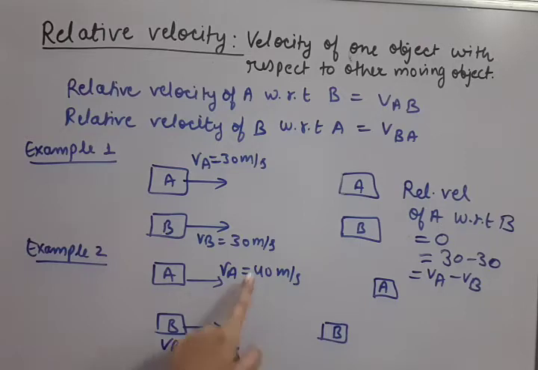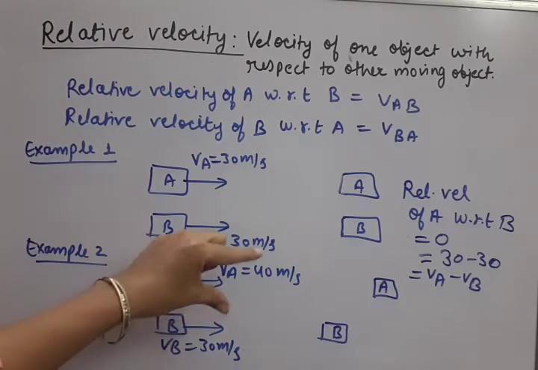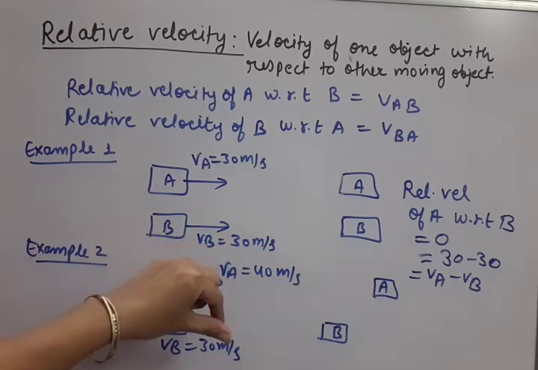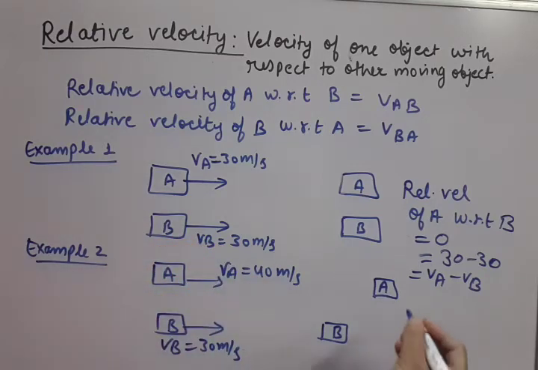No, because A is moving, B is also moving, but at a little less speed. So what is the rate of change of position with respect to each other? Again if we apply the VA minus VB formula, you can see now VA is 40, VB is 30, so the answer is 10.